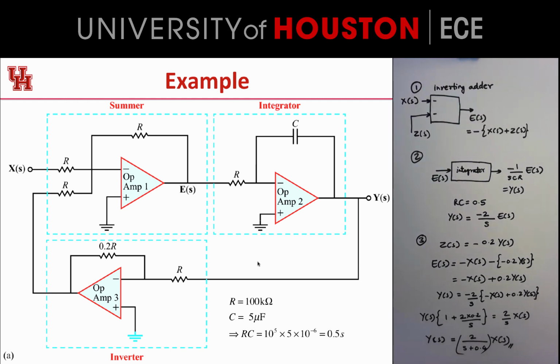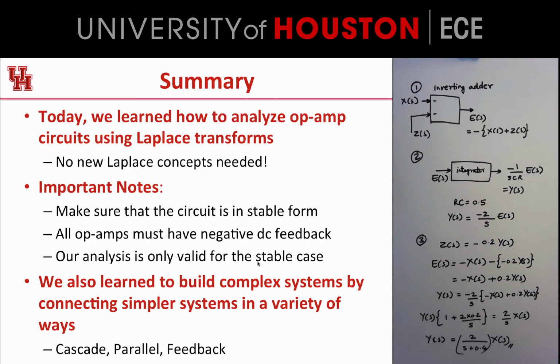But what we can do in practice is assume that there is a resistor in parallel with the capacitor C, and that resistor's value is so high that it's almost non-existent. But it provides the negative feedback, and for all practical purposes, we can think of this circuit as a pure integrator. So the analysis that we did is in that sense approximate.